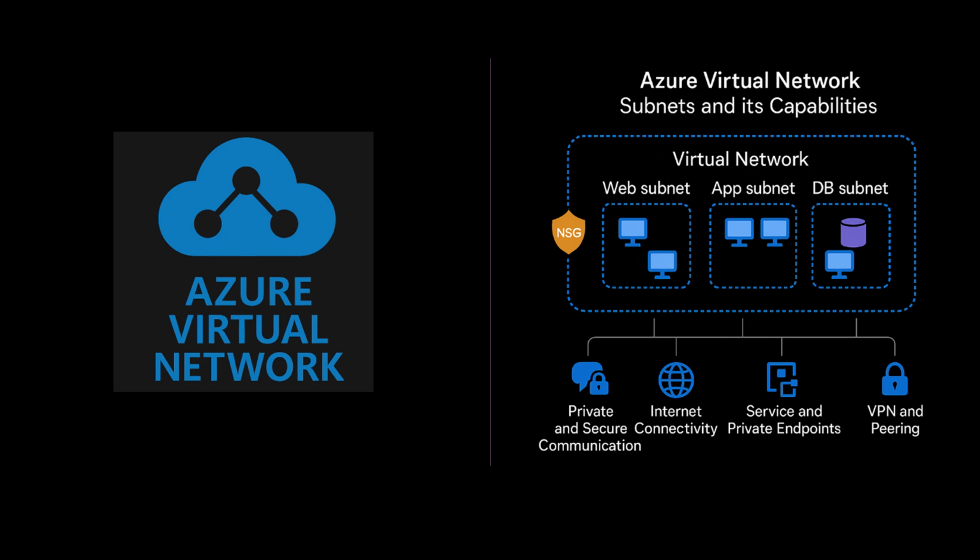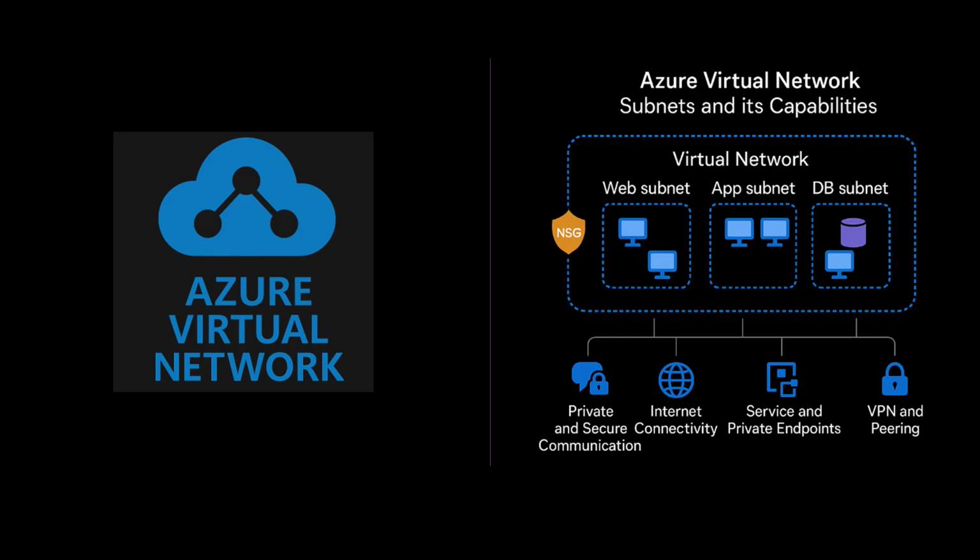For security, you are in the driver's seat. With network security groups, you can control what traffic is allowed in or out of your subnets or even individual virtual machines. If you want to go further, then combine NSGs with Azure Firewall, DDoS protection, and application security groups to build layered defenses.